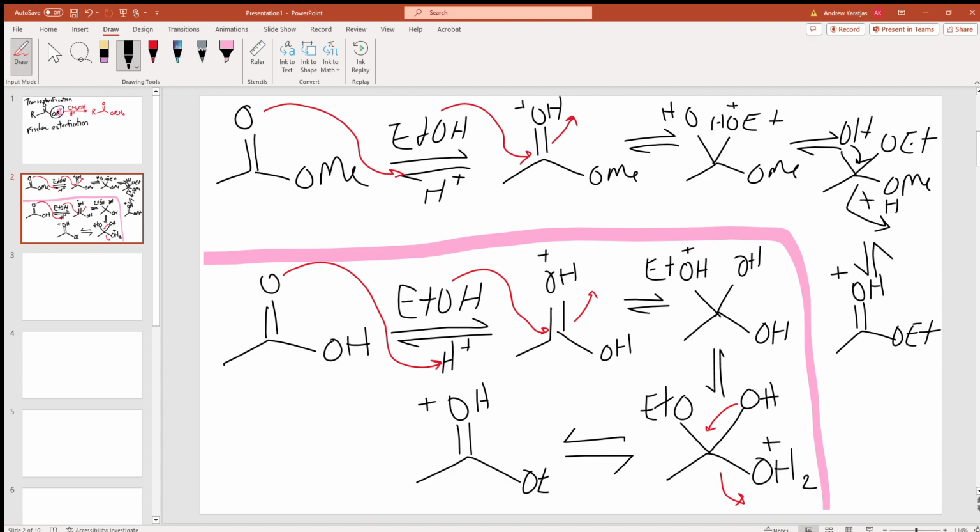And so in order to complete the reaction, we just lose the proton that regenerates our acid catalyst. And gives us our new R group. So as you can see in this transesterification, we started with one R group on our ester, and we ended up with a different R group. Again, equilibrium controlled completely by our choice of adding excess alcohol, as we used in the Fischer esterification as well.